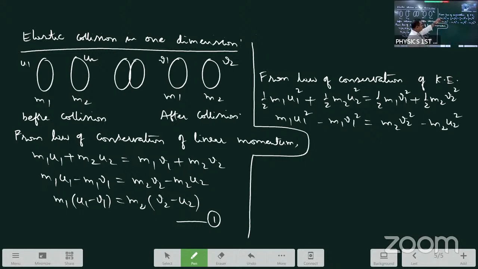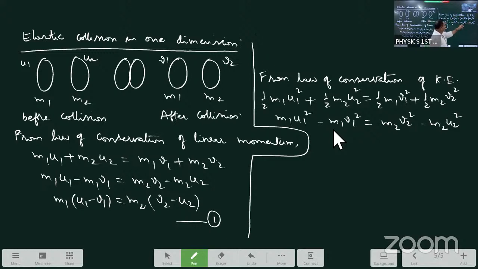You see, from the first step to the second step, half is not there, because in these two terms you take half common, and here also you take half common and cancel it. Afterwards, I took the initial and final values of the first body and written both on one side, and this I sent there.